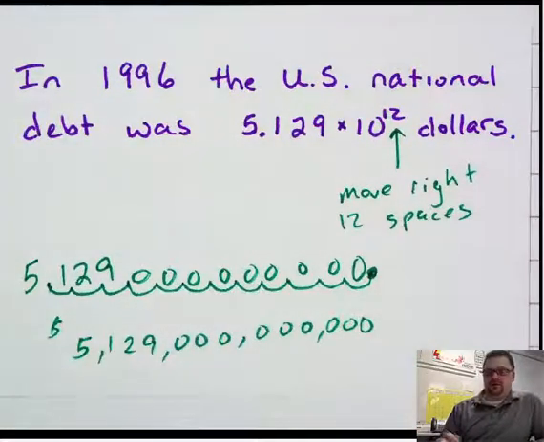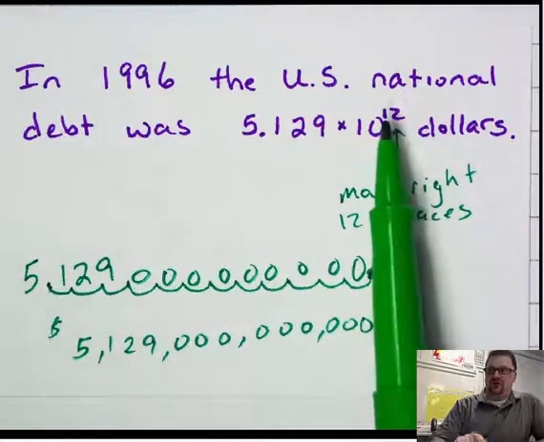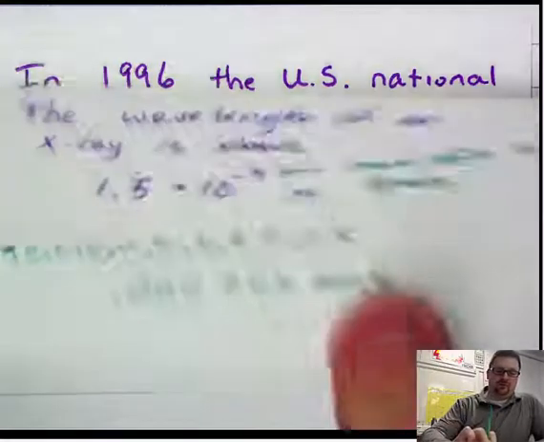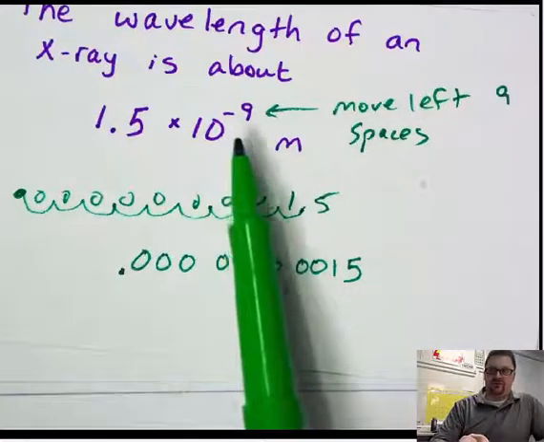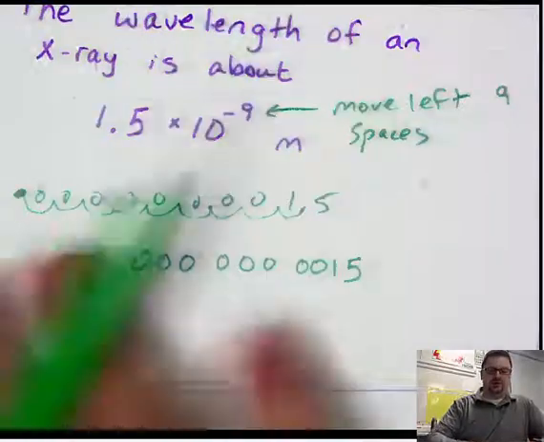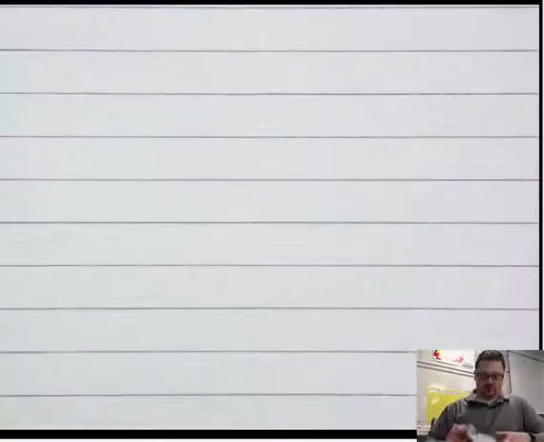Okay? So once again, positive exponent means that I have a whole number larger than 1. Negative exponent means that I have a decimal smaller than 1. Okay? So see if you could please try to convert.